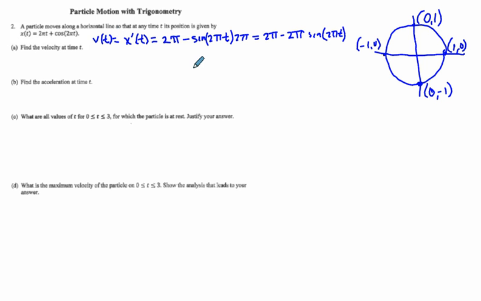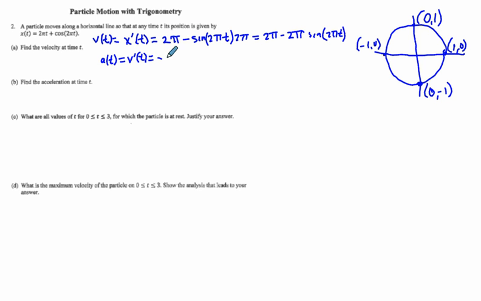Now it says find the acceleration at time t. Well, acceleration is going to be equal to the first derivative of the velocity. And so we're going to take the derivative of this thing right here. Well, what is the derivative of 2 pi? That's going to be 0 because that's a constant. And then what is the derivative of sine going to be? Well, it's going to be cosine.